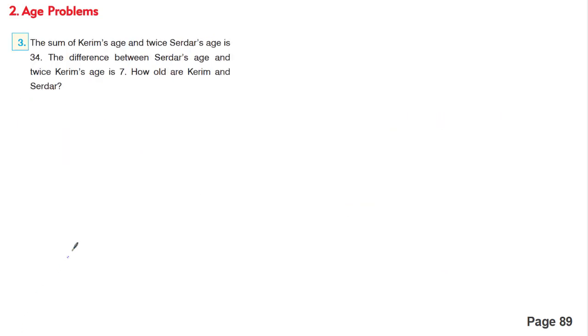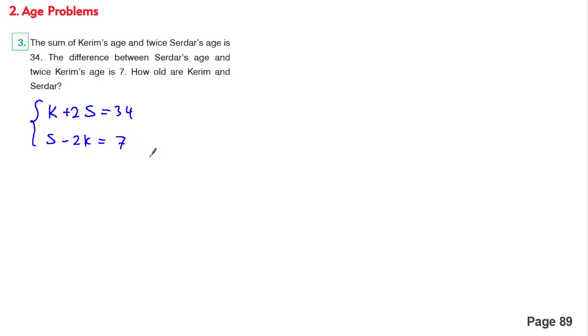So next, the sum of Kerim's age and twice Serdar's age is 34. So Kerim's age and twice Serdar's age is 34. The difference between Serdar's age and twice Kerim's age is 7.